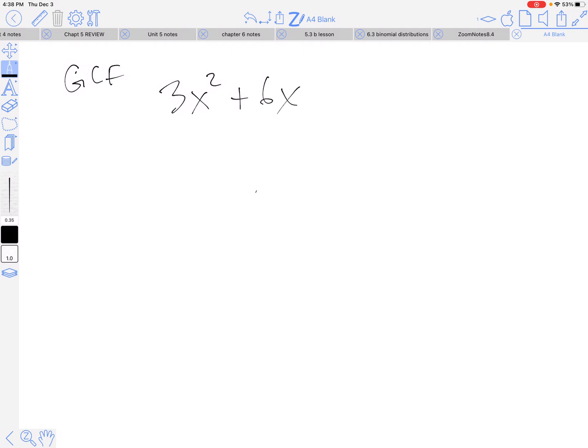So before you begin any problem, like I said, and it says factor, always start with GCF, greatest common factor. So first off, factor basically means to break a polynomial into its multiplication.